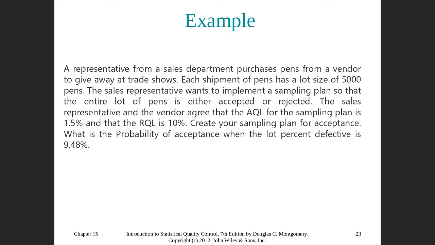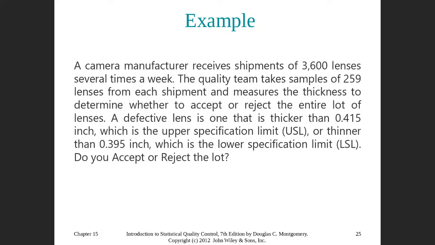And today I want to explain this example, which has variable data, where you are asked whether to accept or reject. We said that with attribute data it is easier because Minitab will give you directly the criteria, the sample size, and the number of defectives.